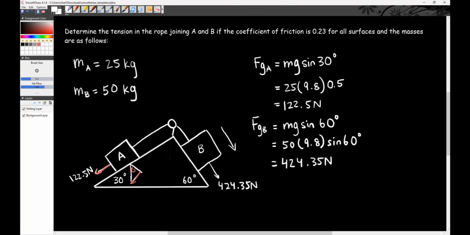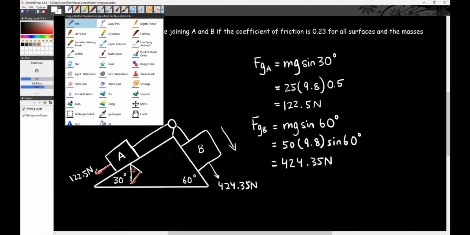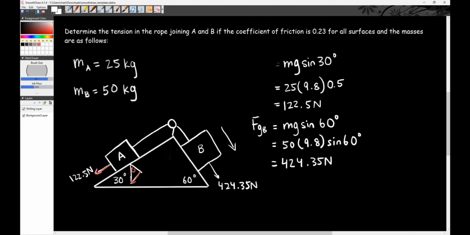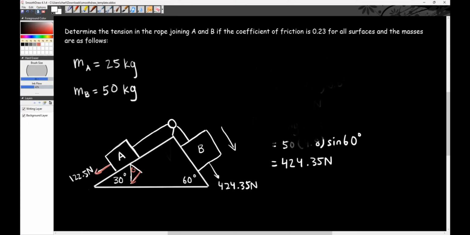Okay, so now we need to find the acceleration. And to do that, we want to use F net equals ma and apply it to the whole system. So we can just start by writing F net equals ma.